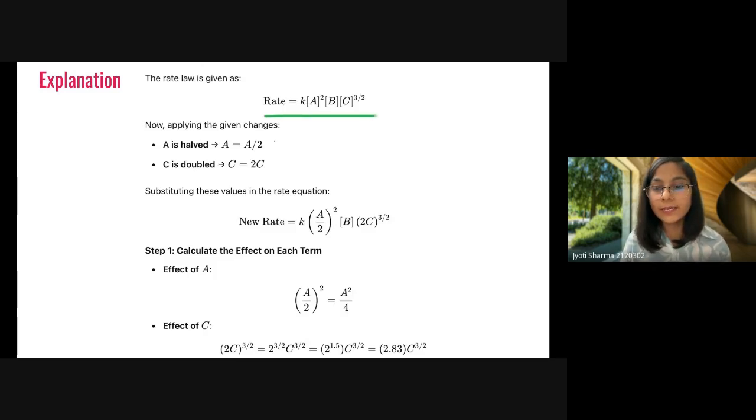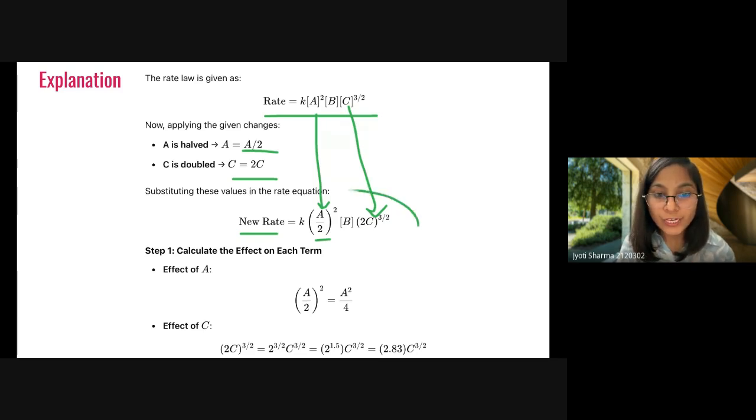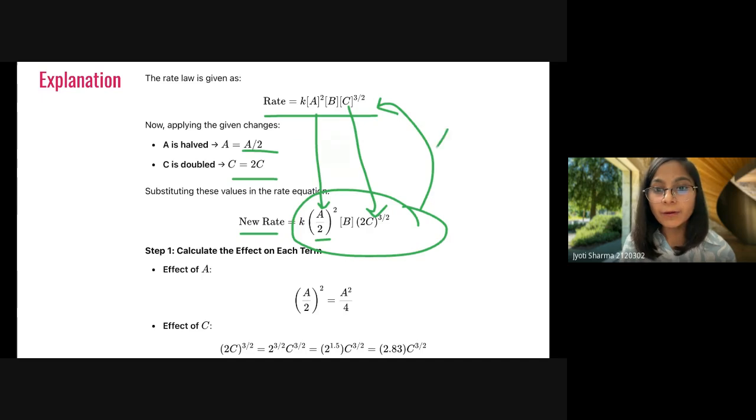So this is the equation that we already have been given, the rate law. If A is halved, then A by 2, and C is doubled, that is 2C. Then for our new rate, we will replace this A with A by 2, and replace this C with 2C. Then we will try to change this into the original, but with some factor.